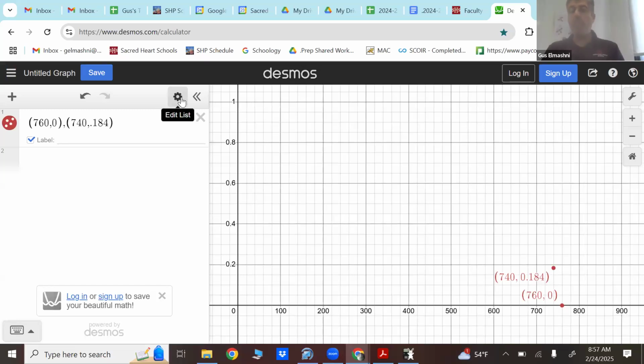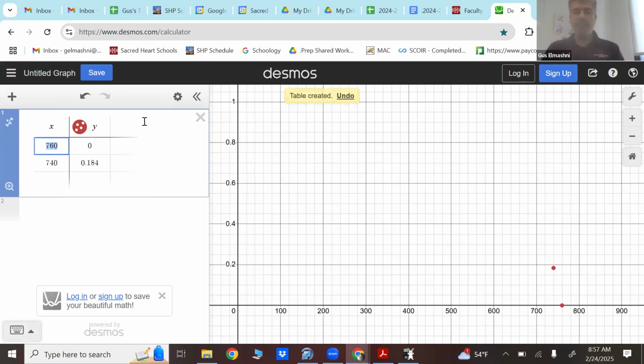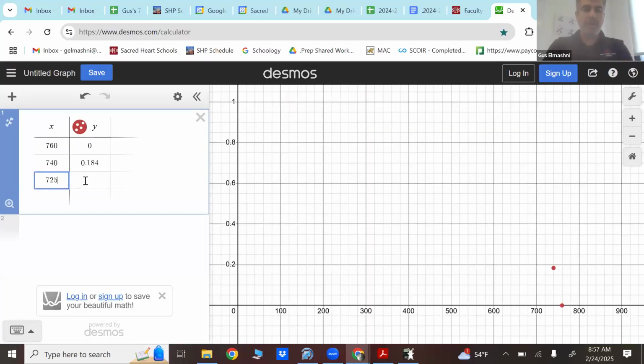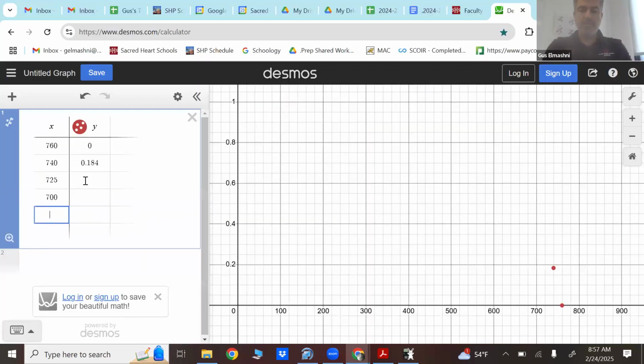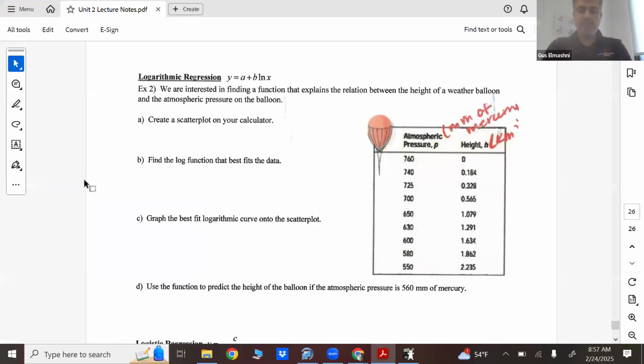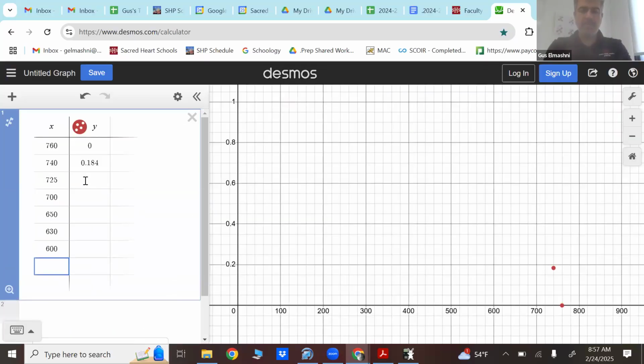Now, before I plot the rest of the points, to make a table, if you hit the settings button, hit table, it makes a table for you right there. So you can keep typing in the rest of the data points this way. So 725, 700, it's going to be so much easier this way. 650, 630, 585, 580, 550.